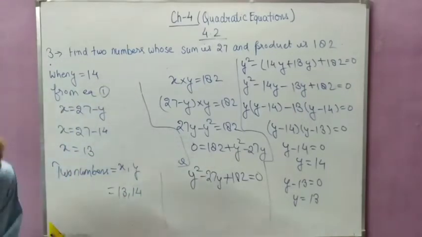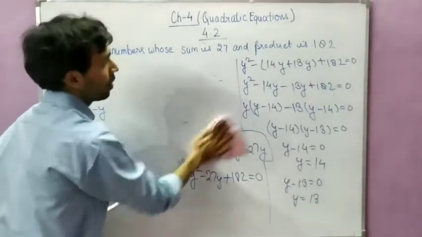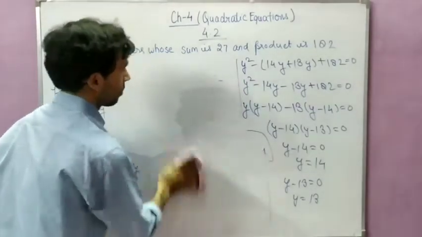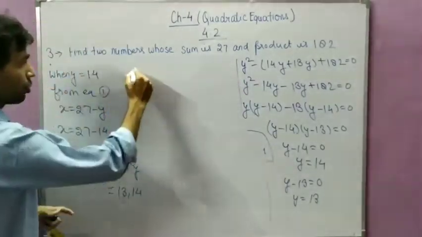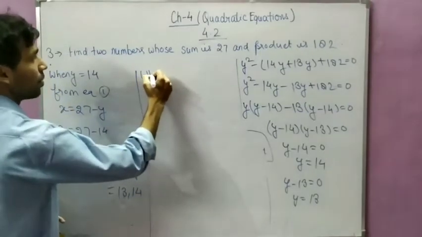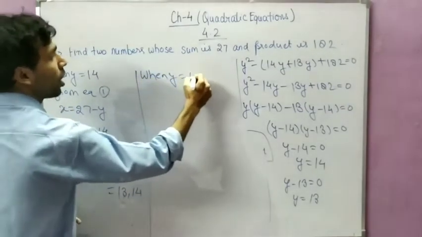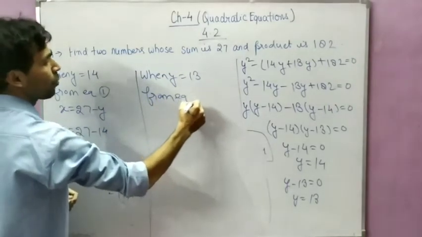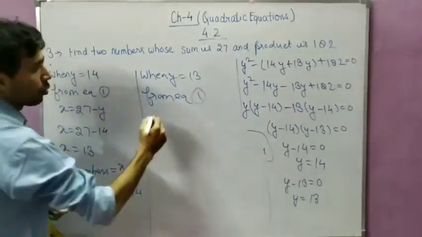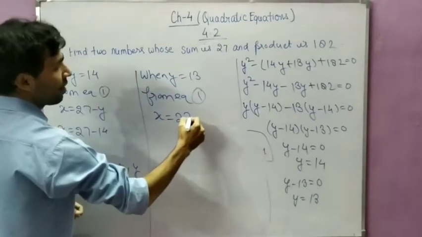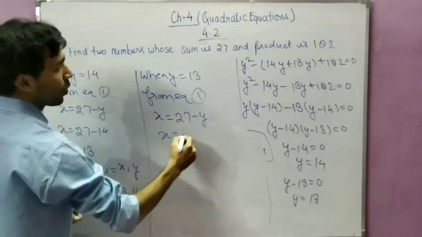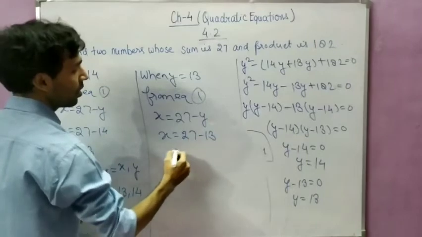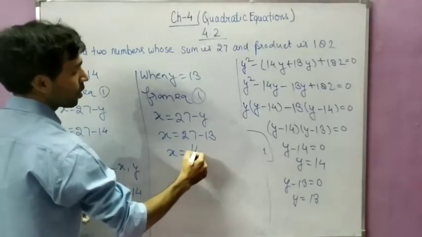Now one more value of y was there, na? Okay. So when y equal to 13, then again from equation number 1, you can put in any equation. I am taking equation number 1. So equation number 1 was x equal to 27 minus y. So x equal to 27 minus 13. So x equal to 14.